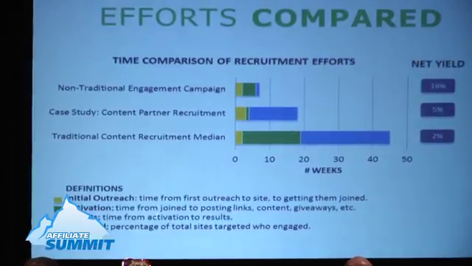You can see the traditional just pushing a term, only 2 out of 100. And here you can see 18 out of 100. And then of those that you work with, you can see how much more quickly you're able to see results when you work with them on their terms, as opposed to this is the traditional trajectory, and this is sort of that hybrid model that we were talking about.